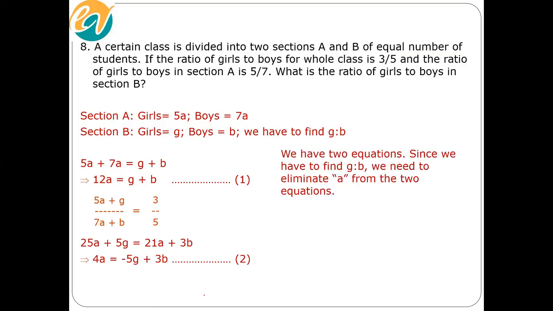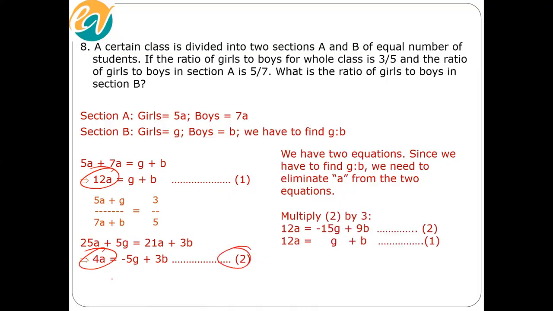However, since we have to find out G is to B, we need to eliminate A. And for that, I multiply the second equation by 3 and then subtract. And this is exactly what we are getting. So G is to B is equal to 1 is to 2. That's the final answer. All right. So with that, that is the final answer.